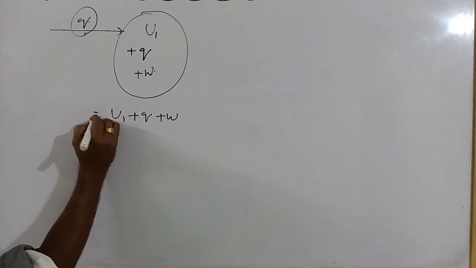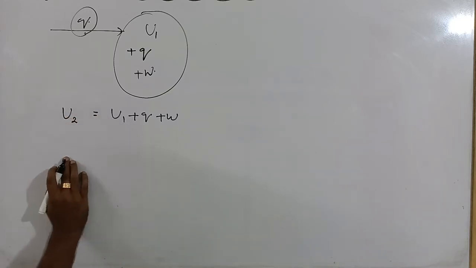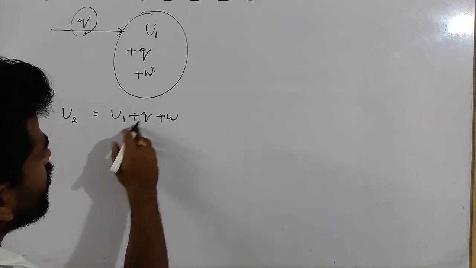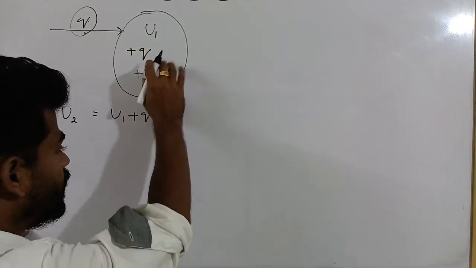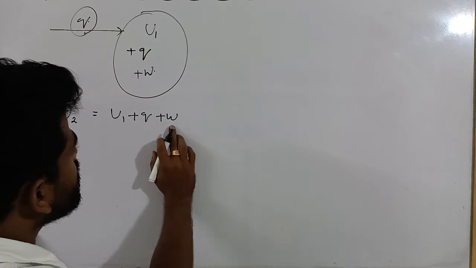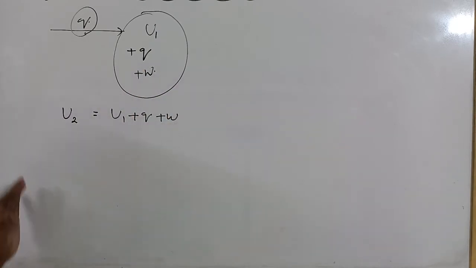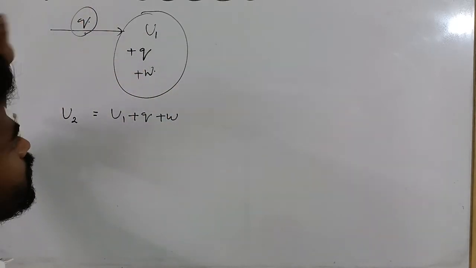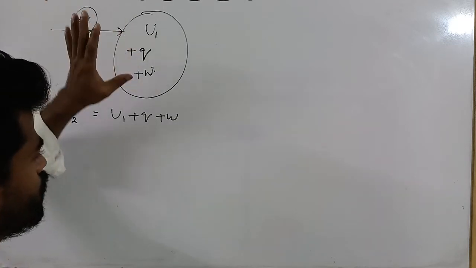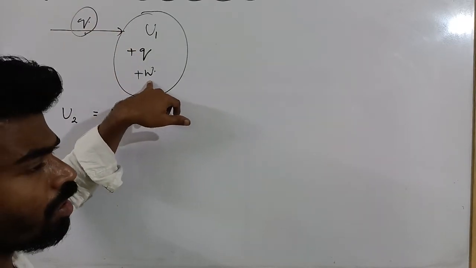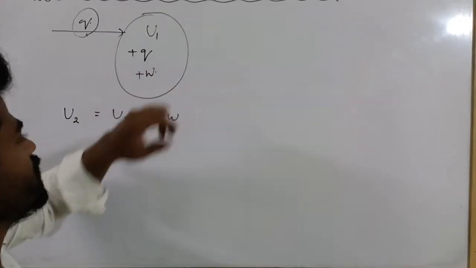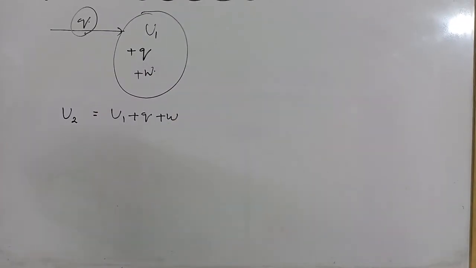So if I represent the total internal energy as u2, then u2 is equal to u1 plus q, the amount of heat given to the system, and suppose w is the work done on the system, because you have provided heat energy to the system, so that energy is used as work done on the system.